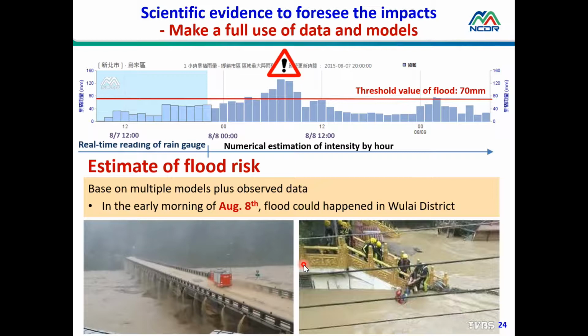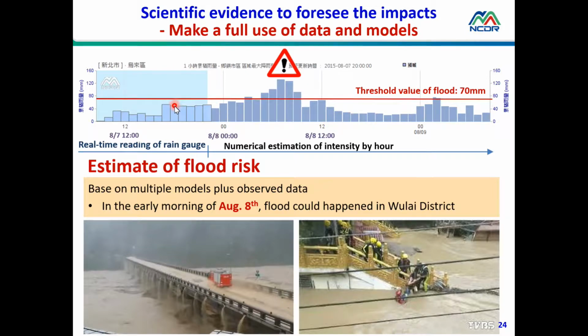You might ask, will NCDR verify the numerical estimation after each event? My answer is yes. Of course, the accuracy could be like 50 to 60%. But this is one example of how we forecast flash floods in mountainous areas. This is the observed data, and this is the threshold value.